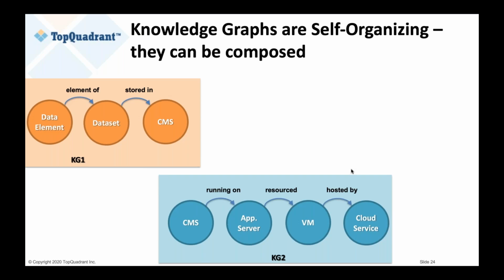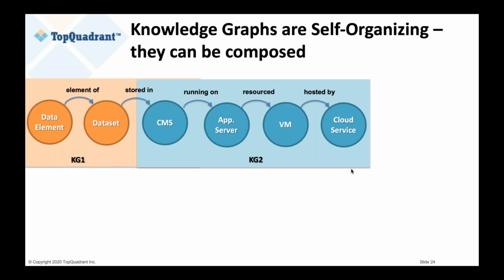Another graph is more about our technology landscape, the fact that this system runs on some server and in some kind of virtual machine on a cloud service, etc. So two separate graphs, but they can be combined quite seamlessly, just because the URIs in both places were the same. You bring them together and all the data merges seamlessly.